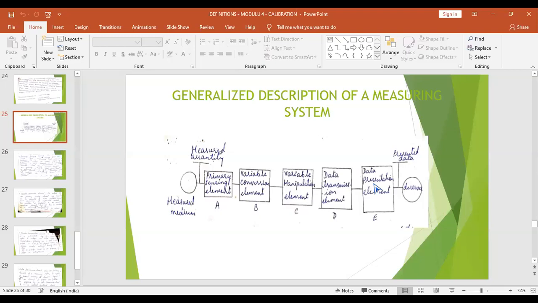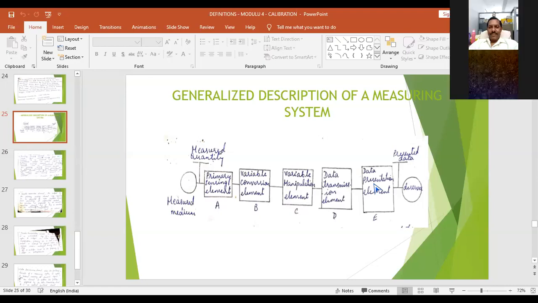The millivolts output coming from the strain gauges, from the Wheatstone bridge, is converted into a voltage signal.